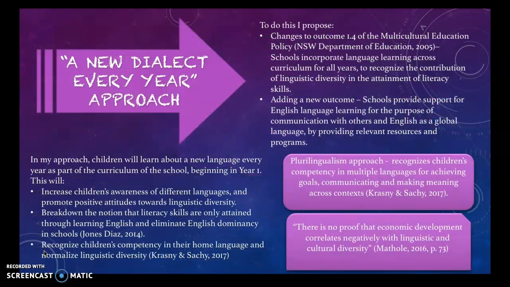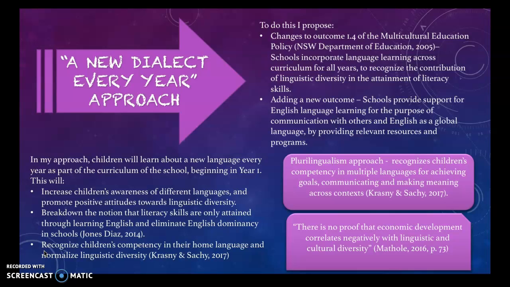So I wanted to propose something different, and my approach is called the New Dialect Every Year. I have proposed that children learn a new language every year, whether this is Chinese, Arabic, or whatever language it is. But the main focus is integrating these languages into the curriculum rather than just recognizing them and ending it there.